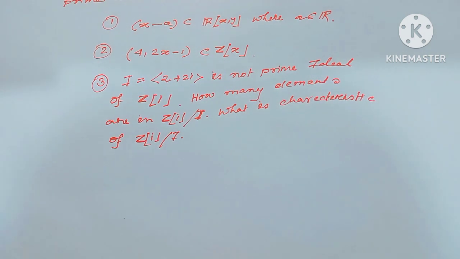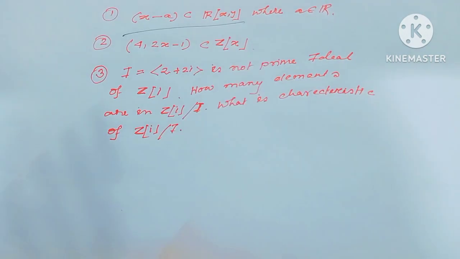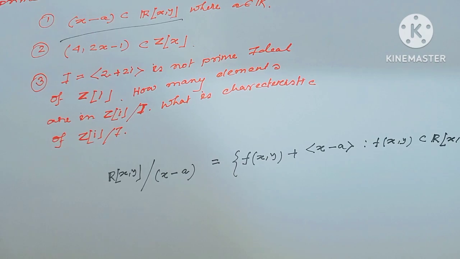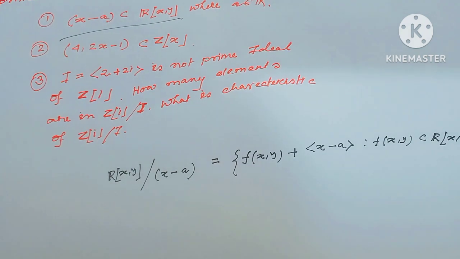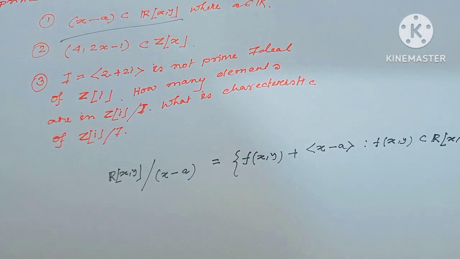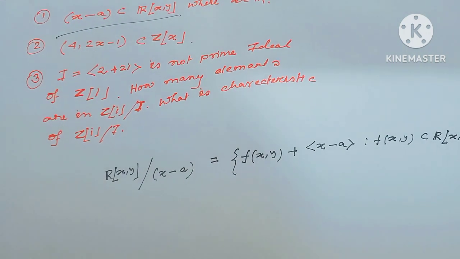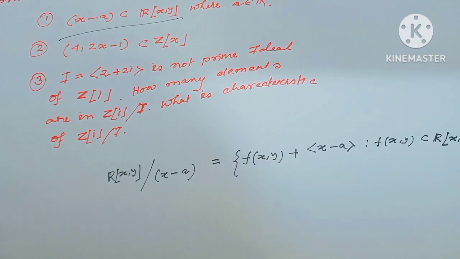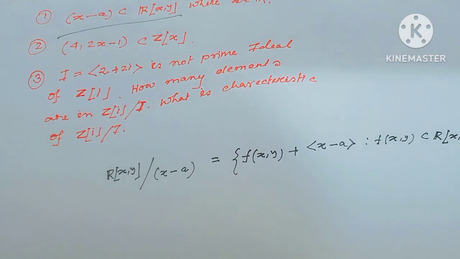First I will ask: is the ideal generated by the polynomial x minus a, contained in R[x,y], maximal or prime? For this, we consider the quotient ring R[x,y] modulo the ideal generated by x minus a.